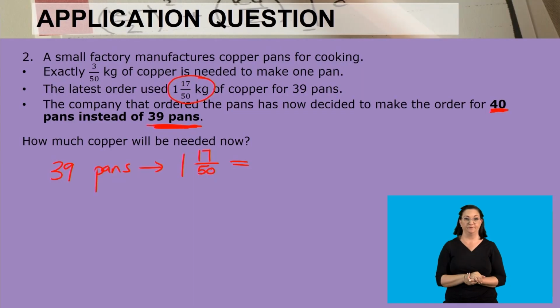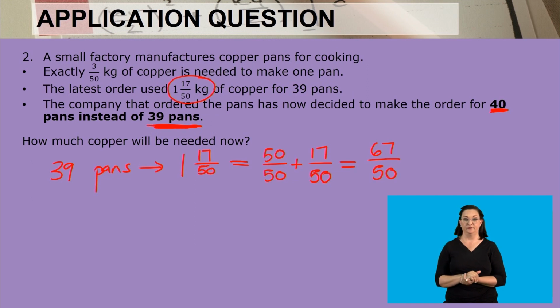So 1 whole and 17/50 of copper can be converted into, do you remember how we convert? We need to change that 1 so that it has a denominator of 50. And that one is an easy one because we are thinking of our properties of 1. We know that 50/50 is the same as 1. And when we add that to 17/50, that now gives us a total of 67/50 that we are going to be working with.